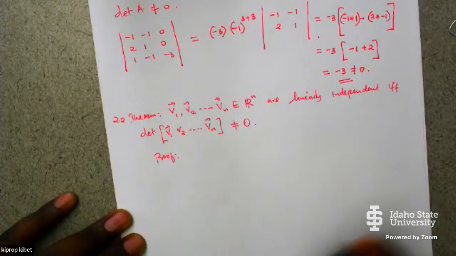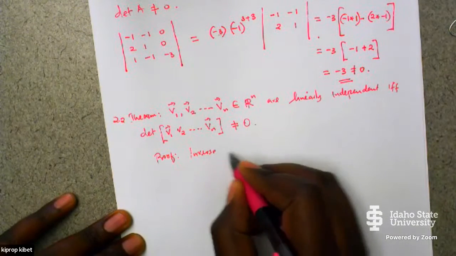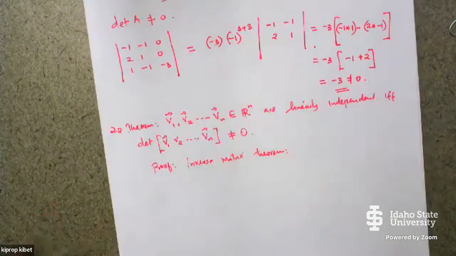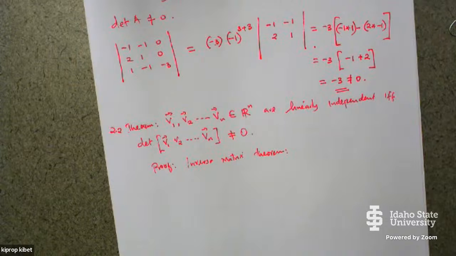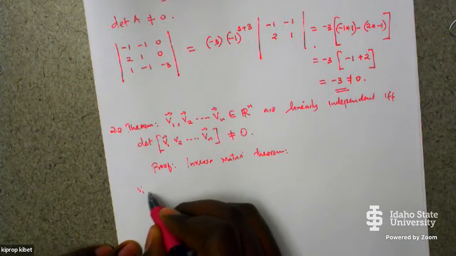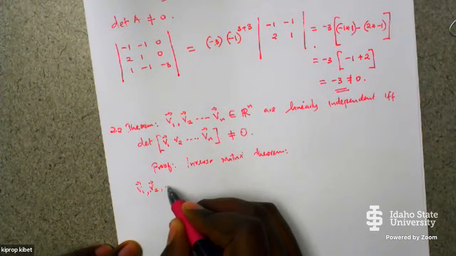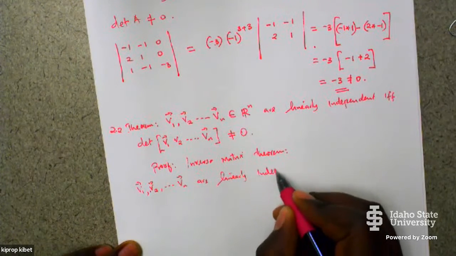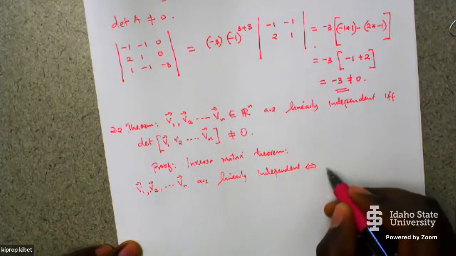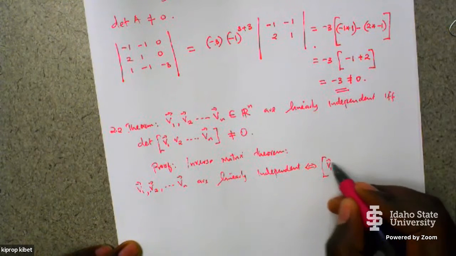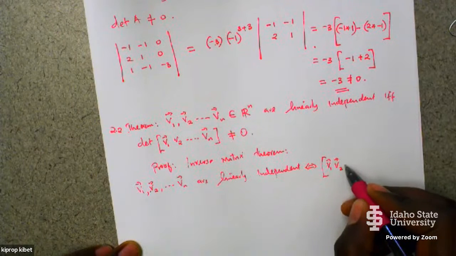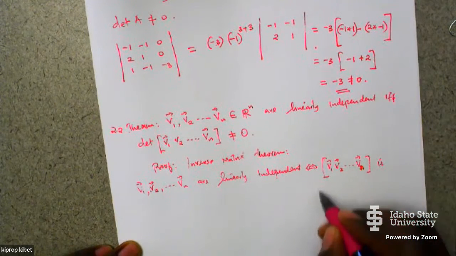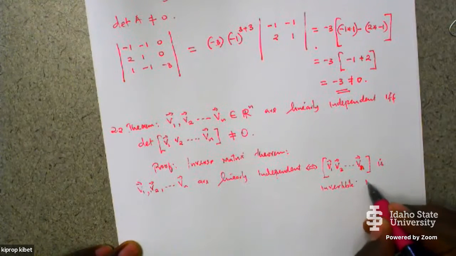The proof of this is that when you use the invertible matrix theorem, which we've done above, this is actually Theorem 2.1, the invertible matrix theorem, then v1, v2, ..., vn are linearly independent if and only if the matrix we form from the vectors is an invertible matrix.